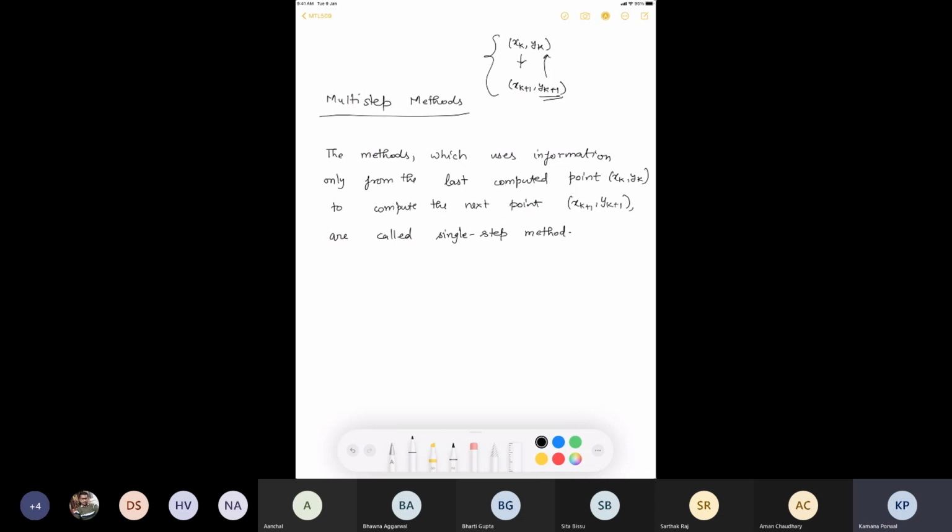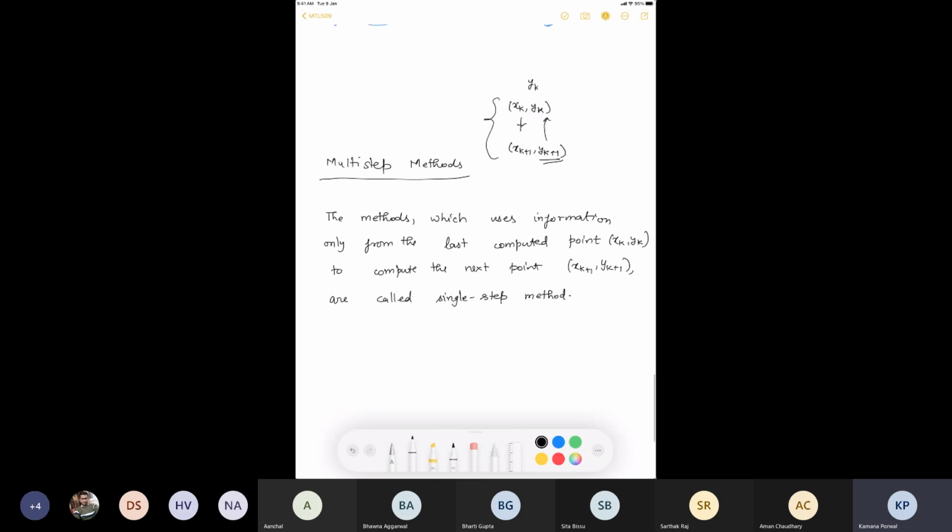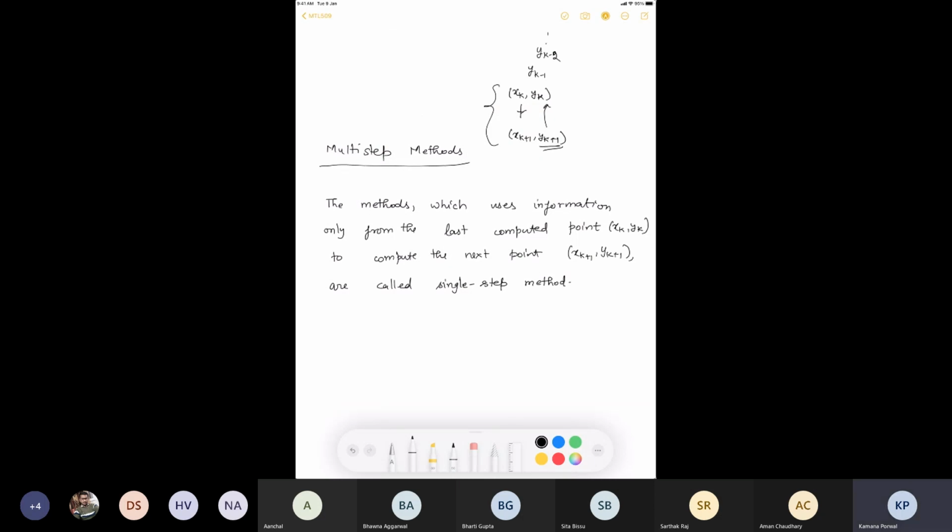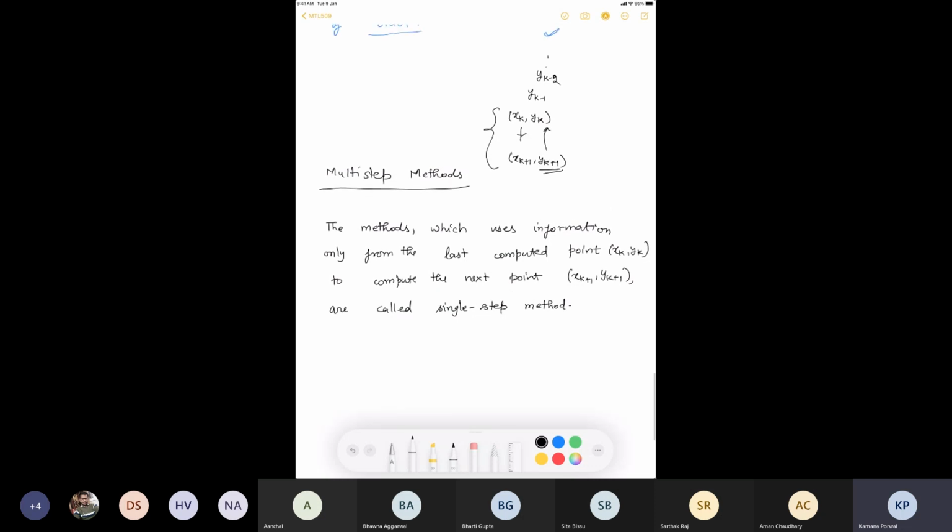And then it was further realized that you can get a better approximation. Why just use the one previous step? You have the information up to yk minus 1, yk minus 2, like that, right? So why don't you make use of that information as well? It was realized that you can get better accuracy by using the information which is available at the earlier steps as well.